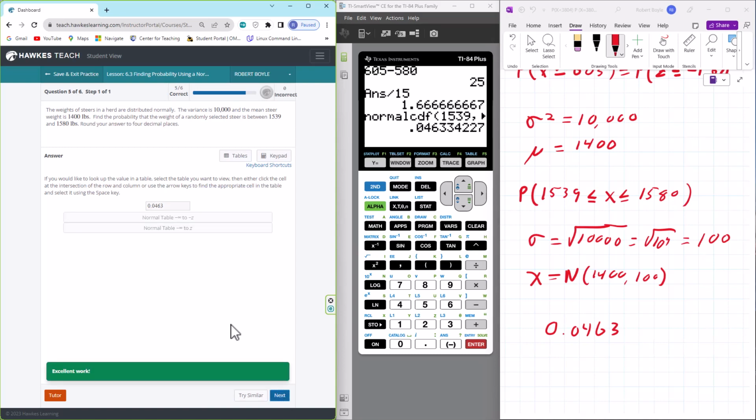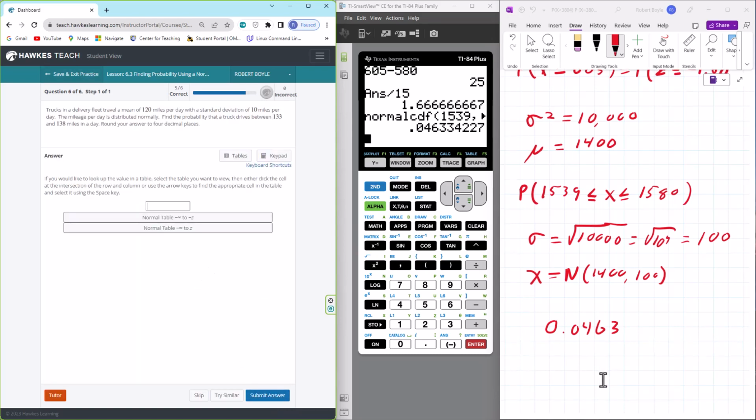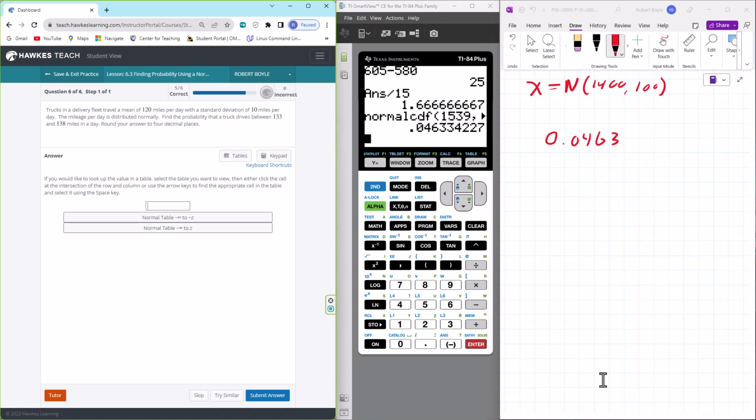And that brings us to our very last problem, which we are going to do using tables. And this will give you yet another appreciation for the calculator. Trucks in a delivery fleet travel with a mean of 120 miles and a standard deviation of 10 miles every single day. So that means we're dealing with a random variable.